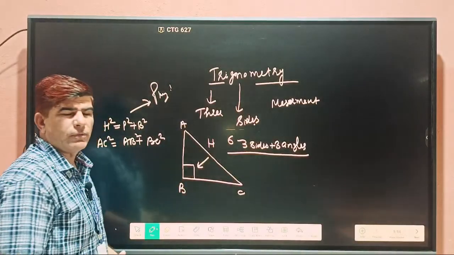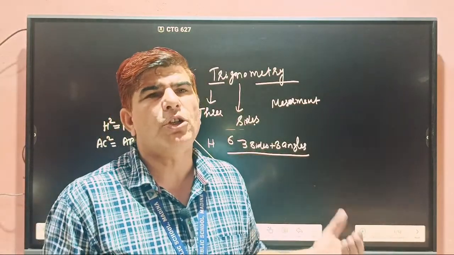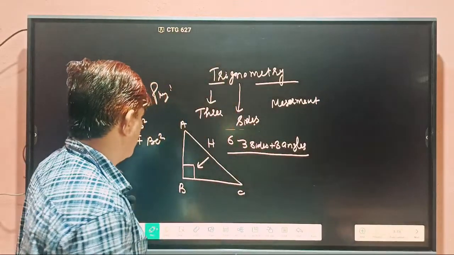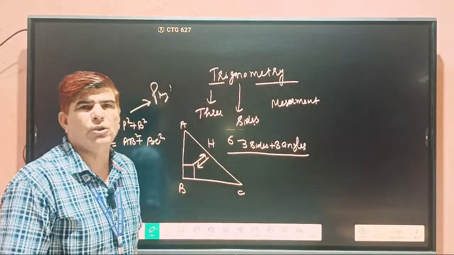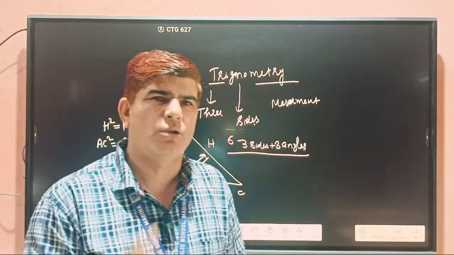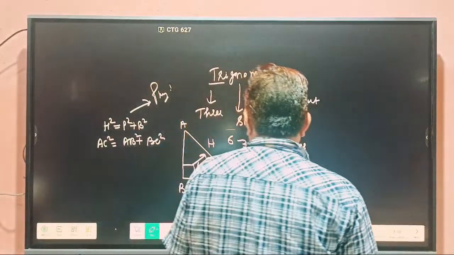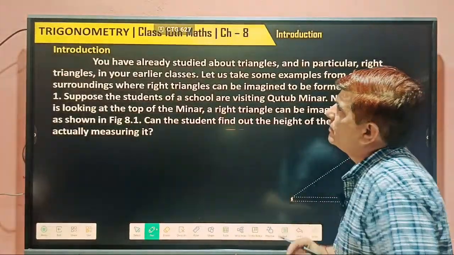Understood? So what can we say about the hypotenuse? Hypotenuse is the side opposite the right angle. So if it is a right angle triangle, it is like this. Otherwise, you can use the converse of Pythagoras theorem. Understood?